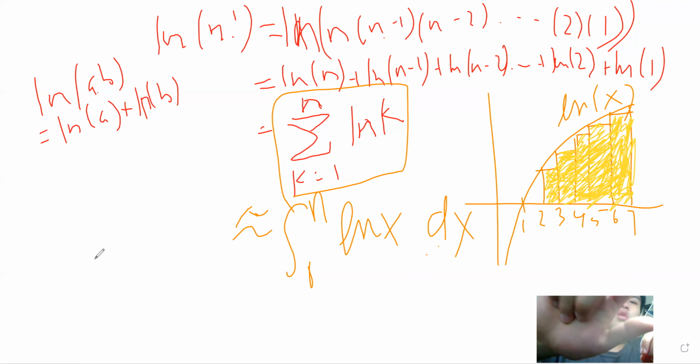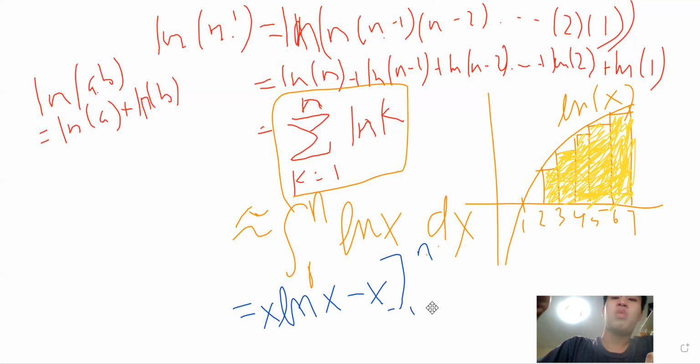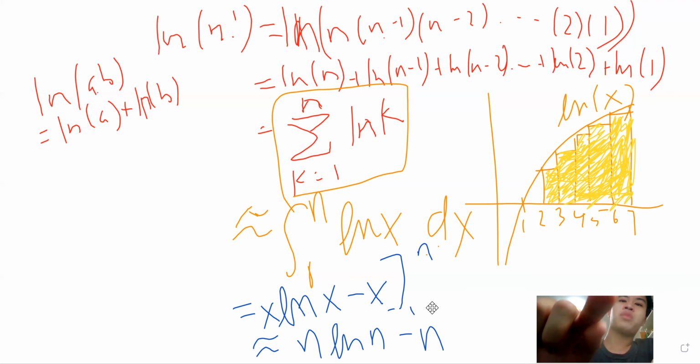Okay, and then to integrate, you can use integration by parts to integrate the natural log. You can see that it will be equal to the natural log of x minus x from 1 to n, which will be approximately equal to n natural log of n minus n.